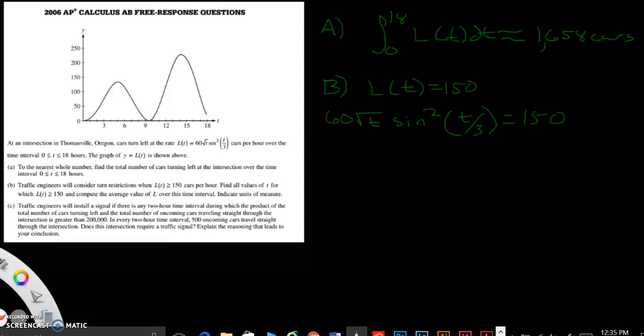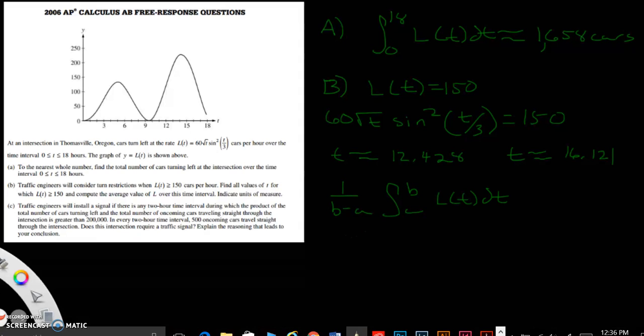So there are 2 points where this is going to occur. It's approximately 12.428 and also approximately 16.121. Now, if you want to find the average, you do 1 over b minus a, the integral from a to b of the function L of t dt.